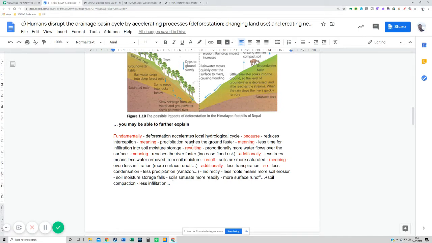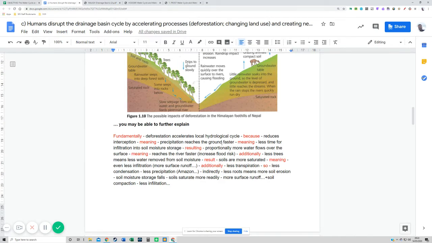So anyway, the precipitation reaches the ground faster. That means that the ground has less time to absorb that water. It's all about proportion. If you imagine pouring water on the ground from a jug, if you pour it really slowly, the soil will absorb most of it. But if you pour it faster and faster, more and more of that water will flow over the surface rather than sinking into the soil.